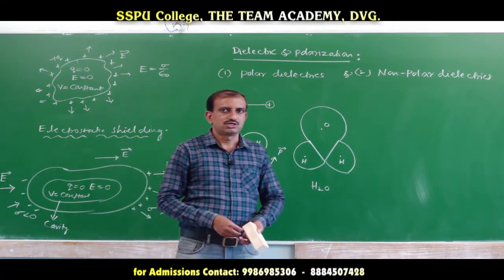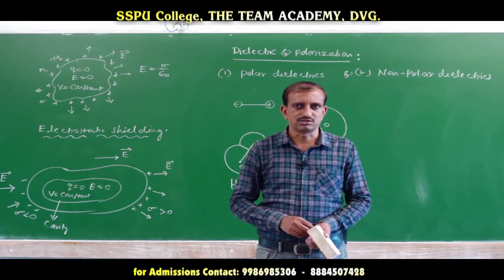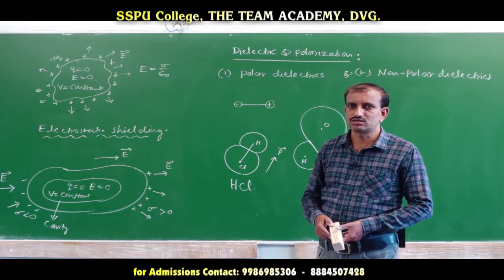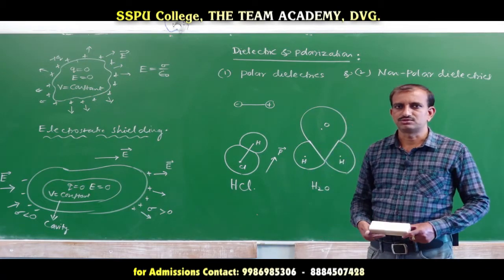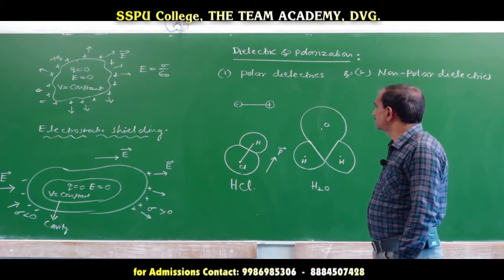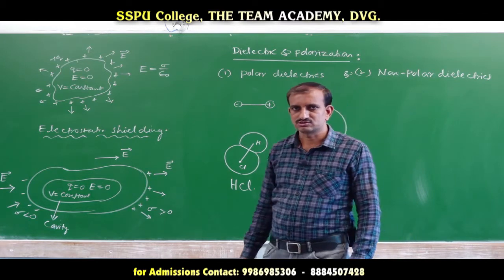So, polar dielectric molecules are dielectric molecules in which the centers of positive charges do not coincide with the centers of negative charges. Such a dielectric molecule is called a polar dielectric molecule or simply a polar dielectric.